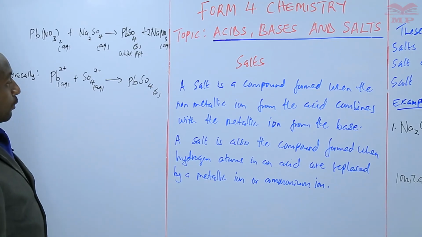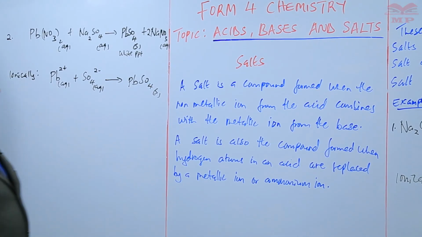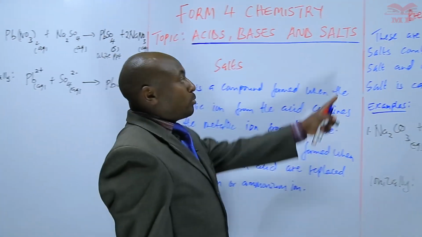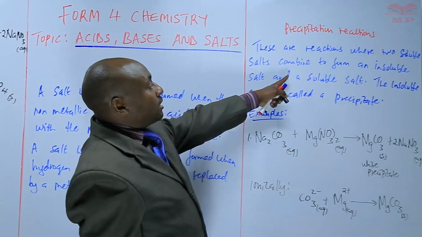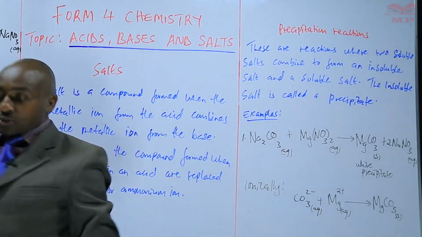So example number 1 and 2 are examples of precipitation reactions, whereby two soluble salts combine to form an insoluble salt and a soluble salt.